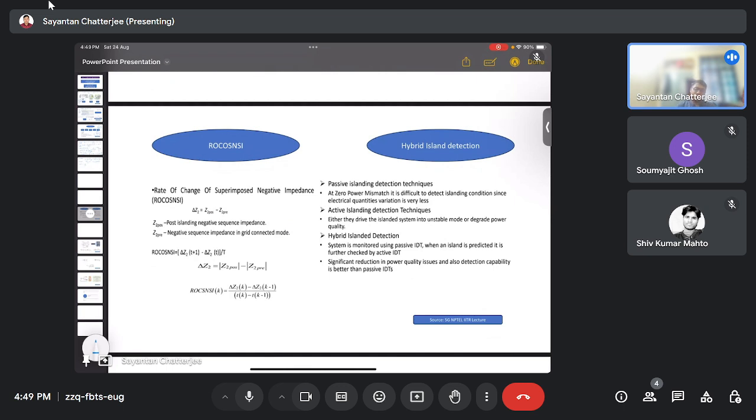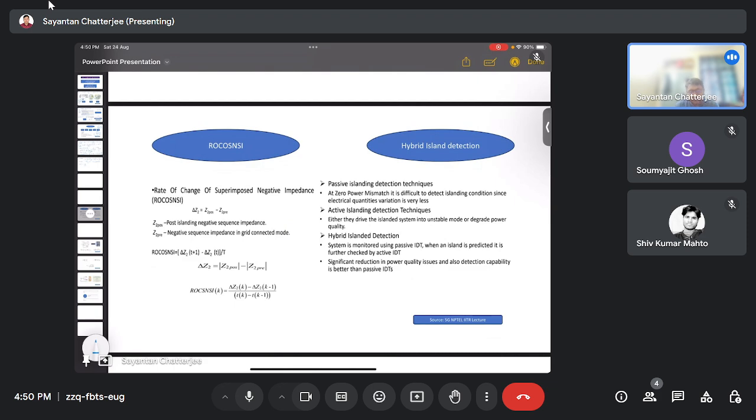We can emphasize this technique more because we can rely on it more than the other parts. Any problem or doubt, you can ask. Then we will discuss.